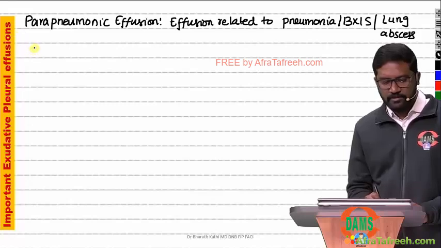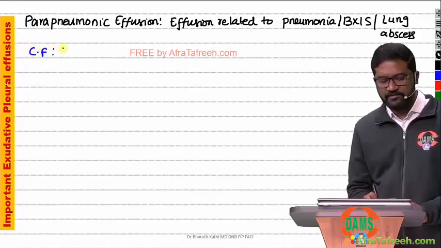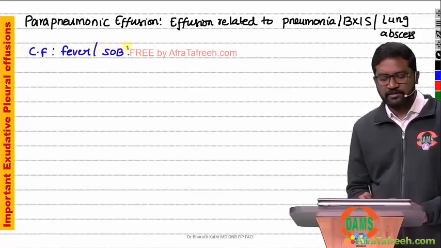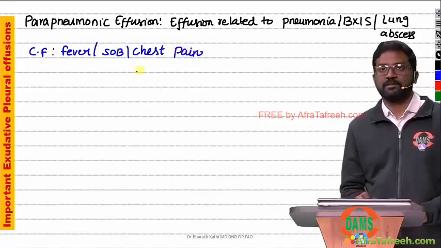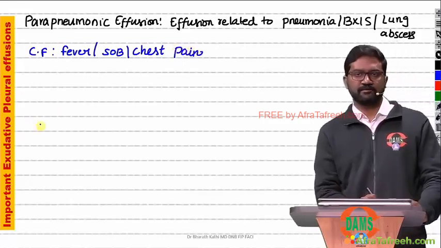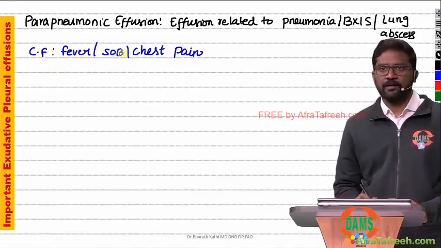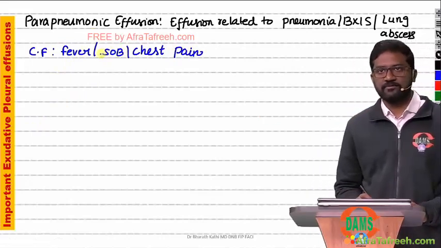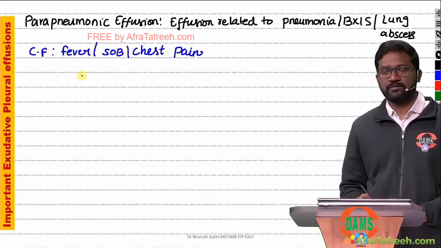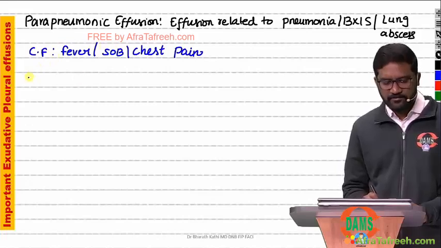And what will be the usual clinical features? Patient will have fever, shortness of breath, chest pain. Whenever there is a parapneumonic effusion, in majority if you treat the underlying infection, it might be sufficient. But there are few situations where you should immediately put a tube and completely remove the fluid.